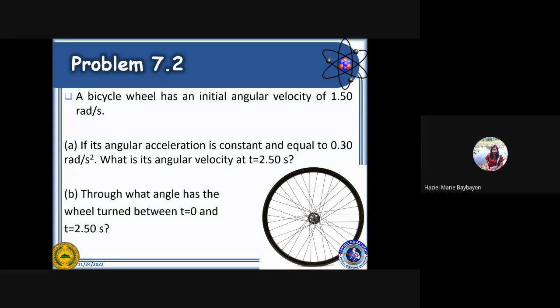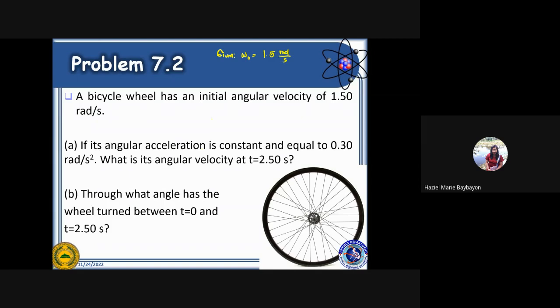Okay, so let us list down the given first. So the given, we have the initial angular velocity, so that is omega naught, which is equal to 1.5 radians per second.